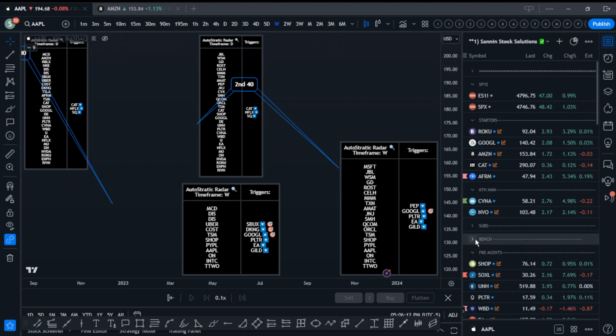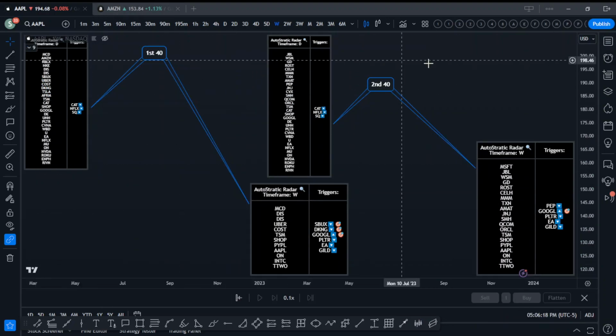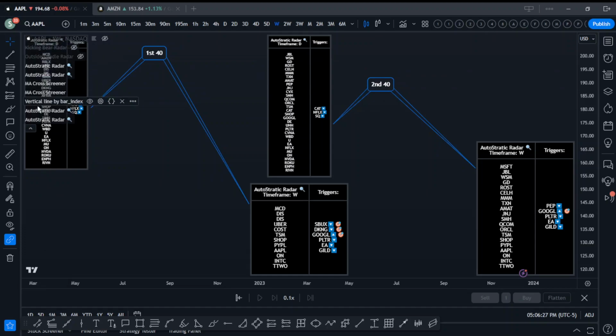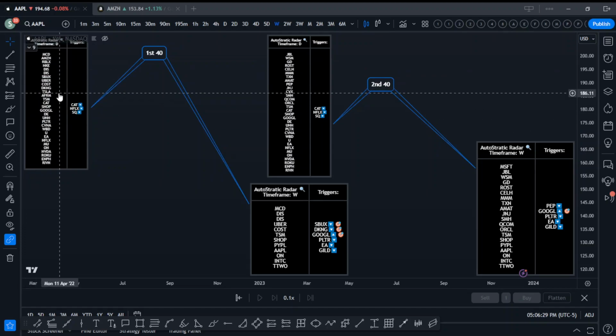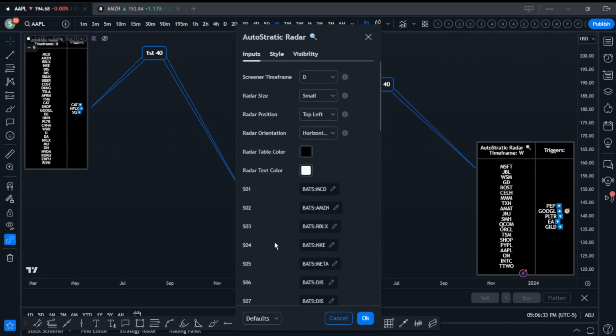I've also made another video on how to set up your chart to look like this. Basically you put multiple instances of the autostratic indicator on your chart, and then use the settings to space them out so that they don't overlap each other.